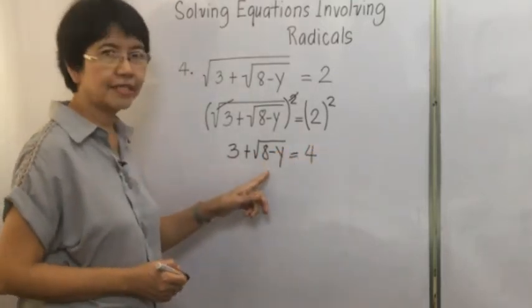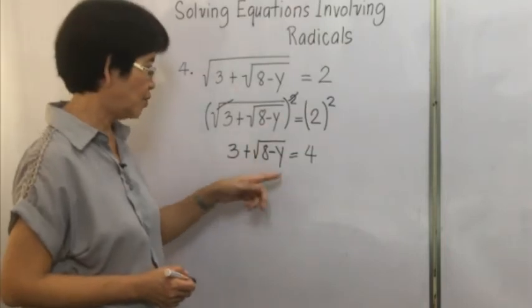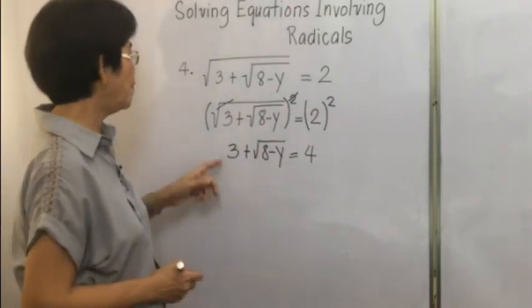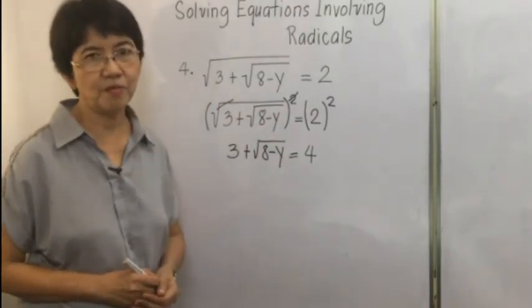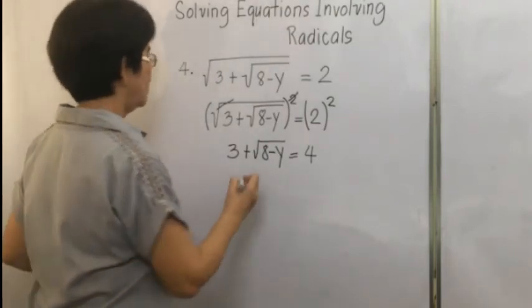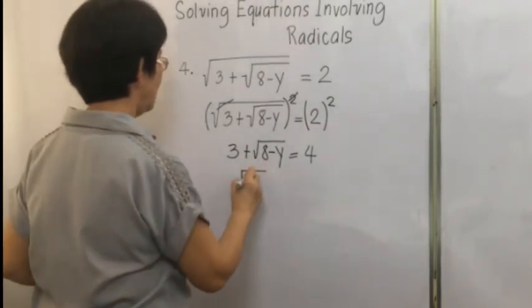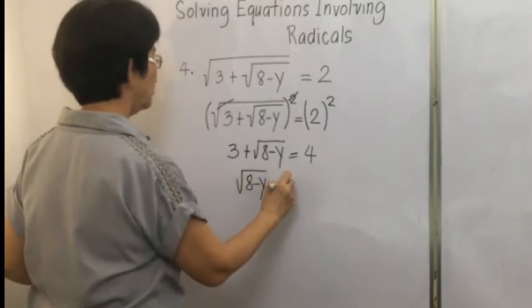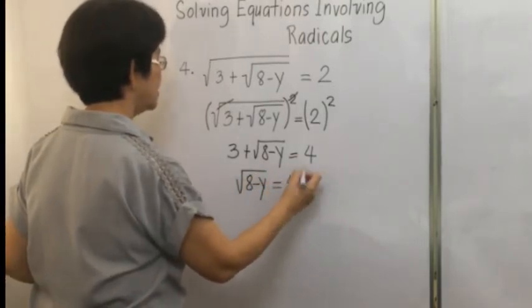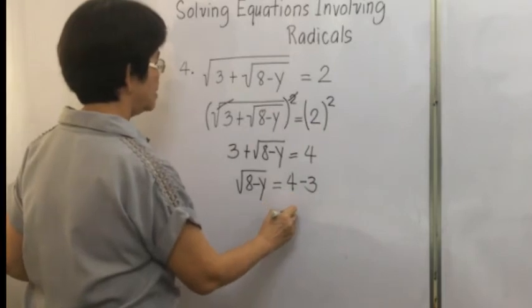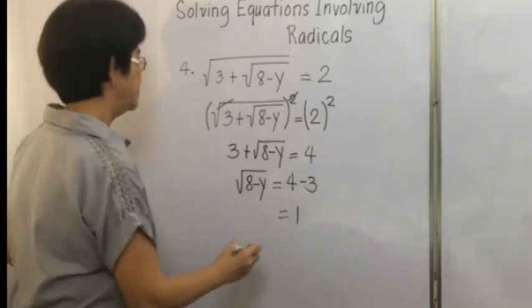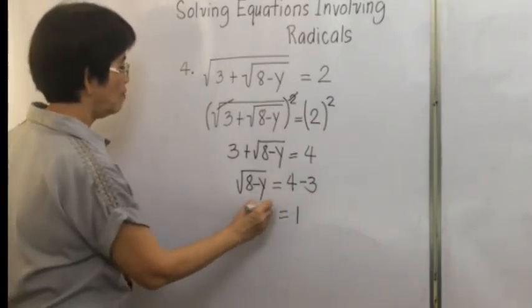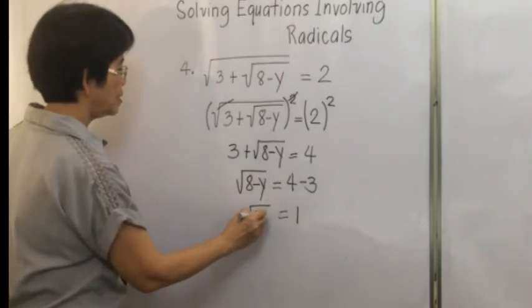Then we will isolate this radical on one side of the equation by subtracting 3 from both sides. So we have square root of 8 minus y is equal to 4 minus 3, and that's equal to 1. Square root of 8 minus y.